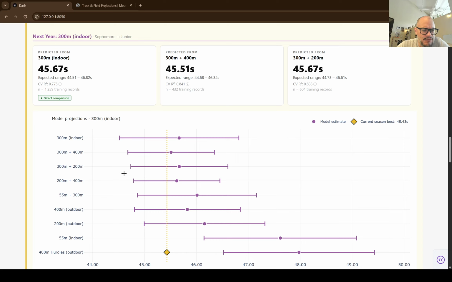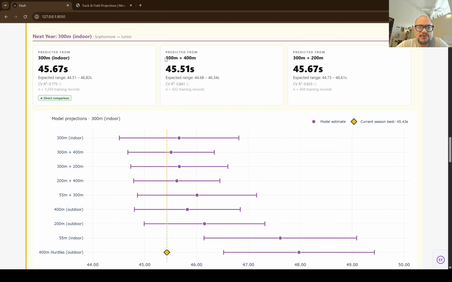Obviously, you can see the error bars push in a little further, so there may be some improvement. But based on, in this case, 1,259 records of sophomores to juniors who ran the 300, we may anticipate a midpoint of 45.67 when their current best is 45.43.